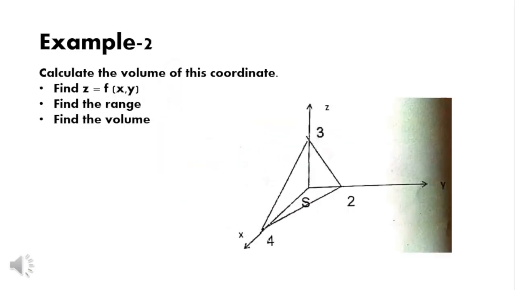In example number 2, we need to find the volume of this non-rectangular shape. What we need to do first is find the z function, the range, and the volume. First thing, we make the function of this region. We have 3x plus 6y plus 4z equals 12.